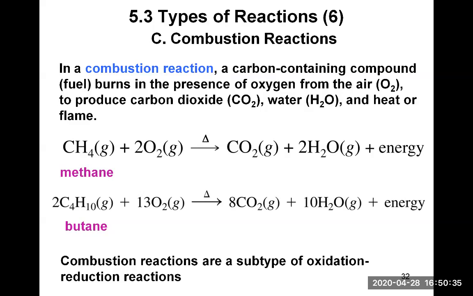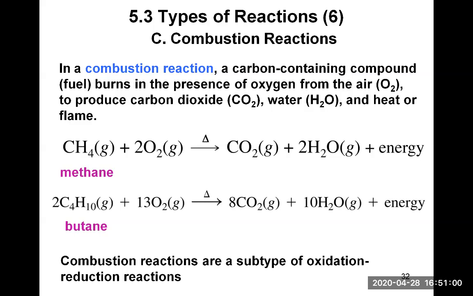And so you can see that they have the delta above the arrow, which says you need a spark typically to start the reaction. And then after that, it goes very easily and releases a lot of heat. Methane is a natural gas, and so we use that to cook and heat our houses.